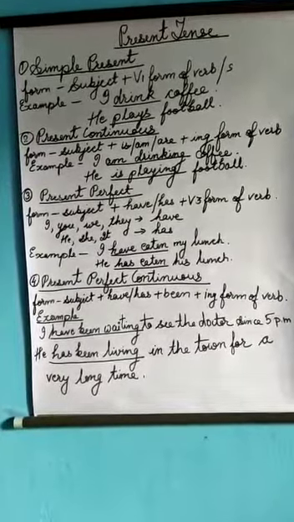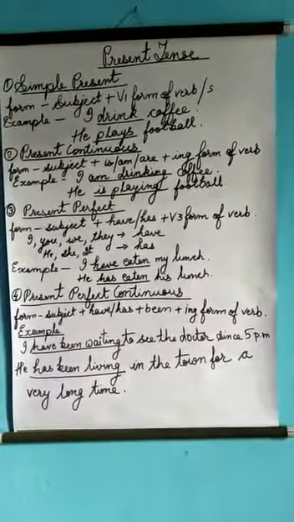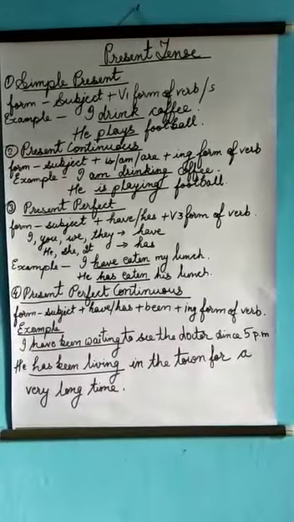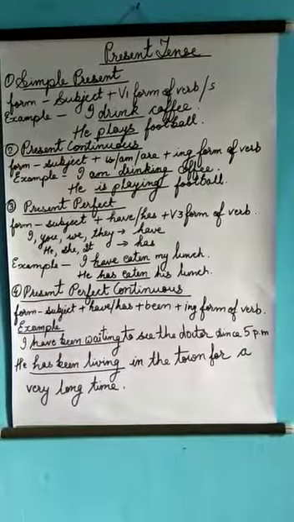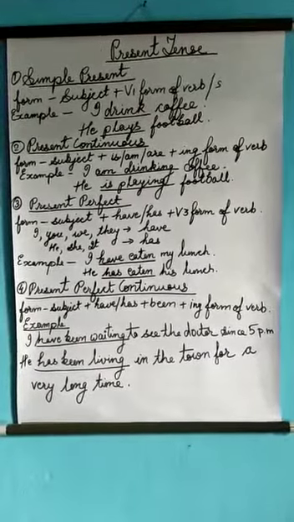Similarly, he has been living in the town for a very long time. So you have he plus has plus been plus ing form of verb, that is living. So this is how you form a present perfect continuous sentence.